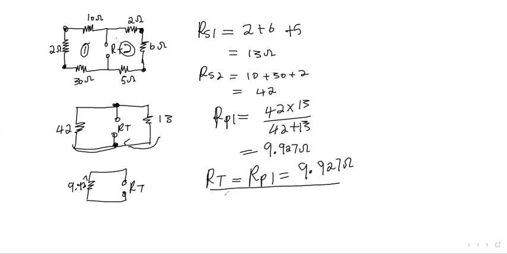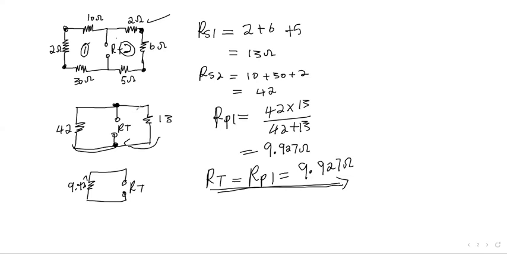So that will be the total resistance of the circuit with many resistors. So that's how I apply circuit reduction to summarize or simplify a complex circuit.